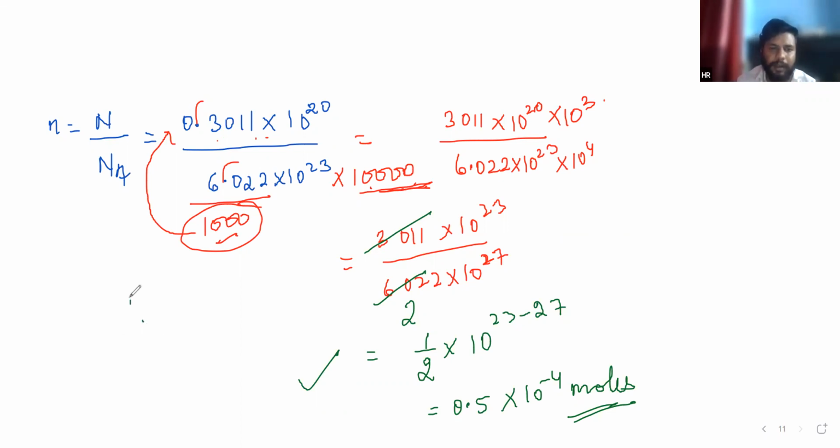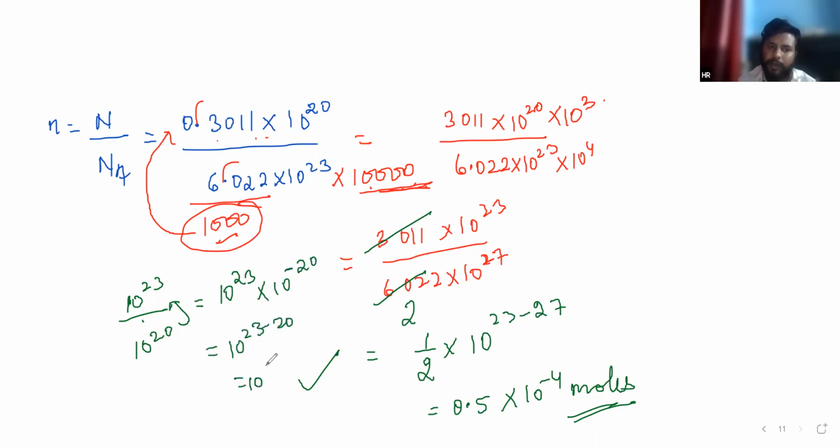Just see, if you have 10 raised to the power 23 upon 10 raised to the power 20, when it moves to numerator, 10 raised to the power 23 into 10 raised to the power minus 20 it will be, and then 10 raised to the power 23 minus 20, that will be equal to 3. Okay, try to practice in mathematics. It will be very easy.